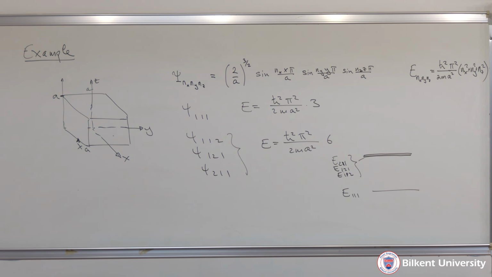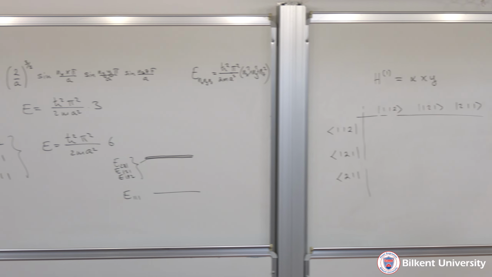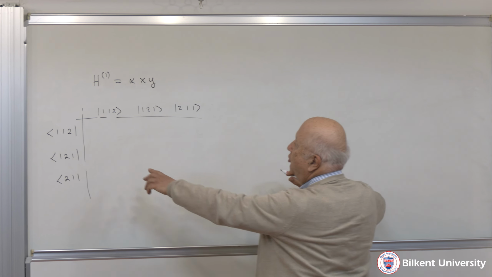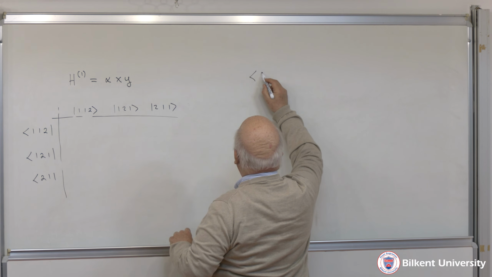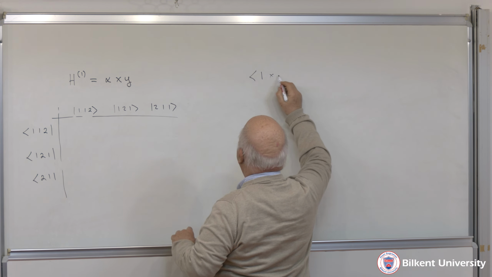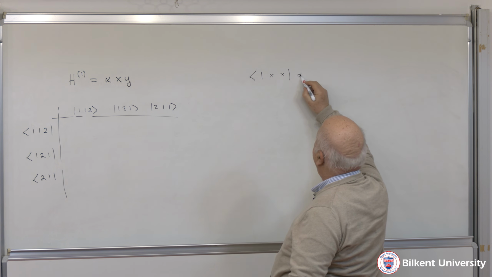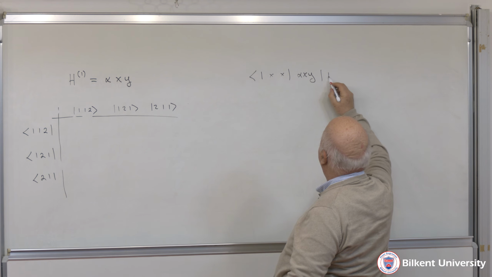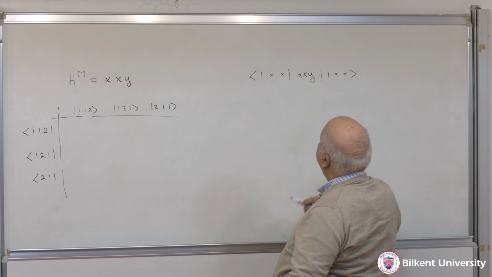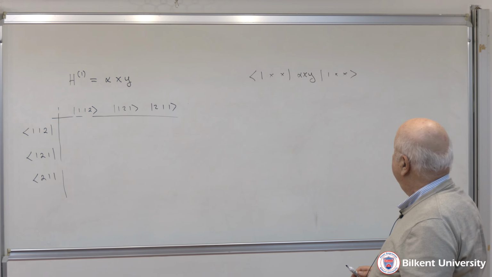So I have this 1, 1, 2, 1, 1, 2, and I'm just going to look at terms which have, for example, 1, something, I don't know what they are, but I have alpha xy, my H1, and 1 something. So what will that give me?